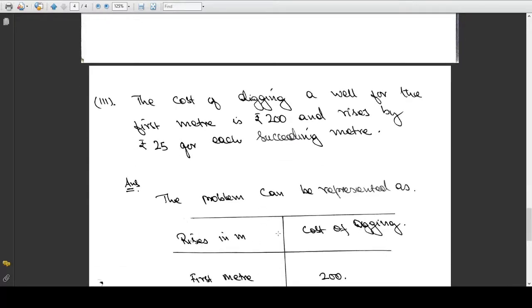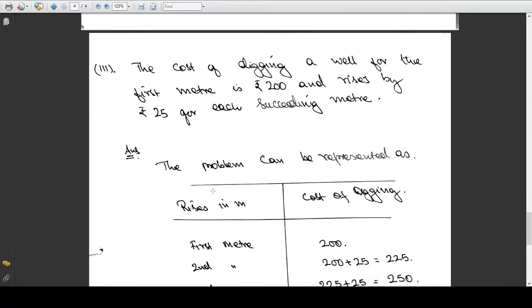The cost of digging the first meter is 200, and for the second meter the cost is increased by 25. That means 200 plus 25 is 225.